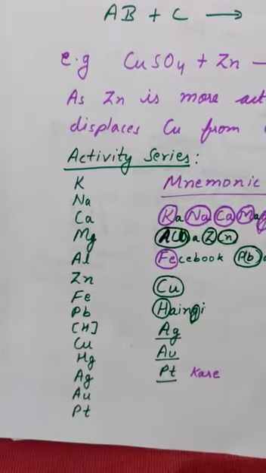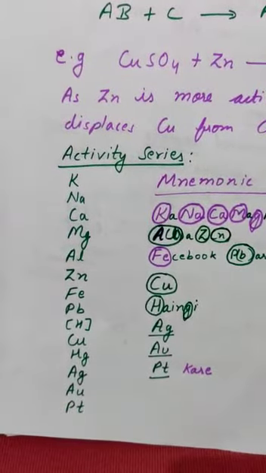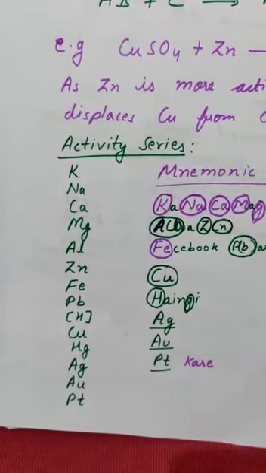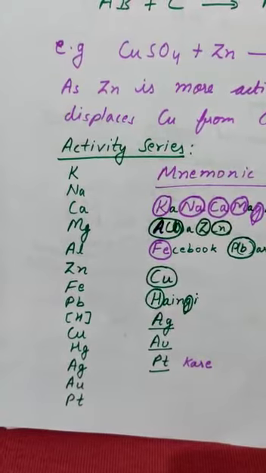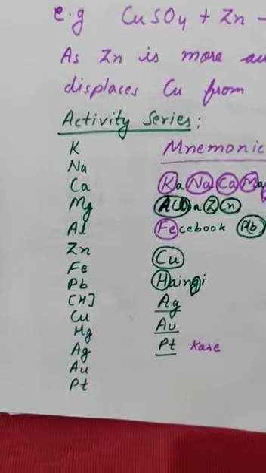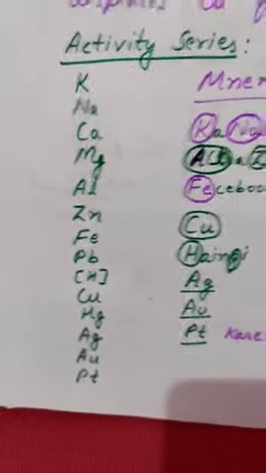So this activity series involves the following elements. First is potassium, then sodium, calcium, magnesium, aluminium, zinc, iron, lead, hydrogen, copper, mercury, silver, gold, platinum.